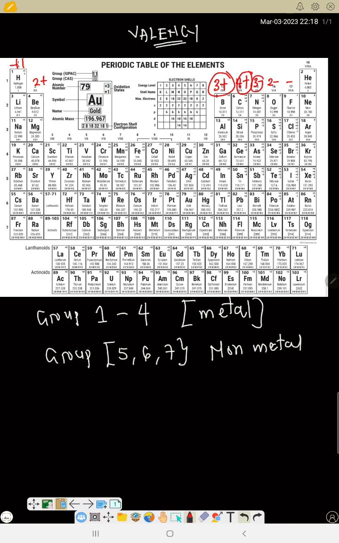From group 5 it will be 3 minus, 2 minus, and 1 minus. Sometimes you can see it as -3, -2, -1. Whichever is convenient I will use, but note their charge. But valency is always plus. That means group 1 we have valency of 1, then valency of 2, 3, 4. From here, instead of valency of 5, it will be 3 again, 2, 1. But for charge we must put plus or minus.